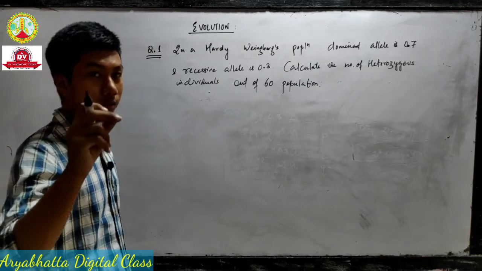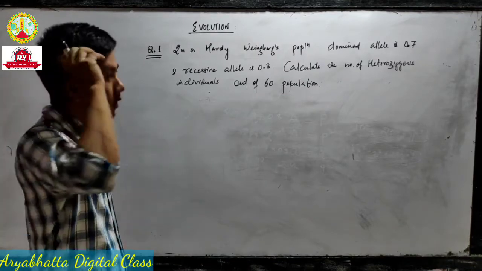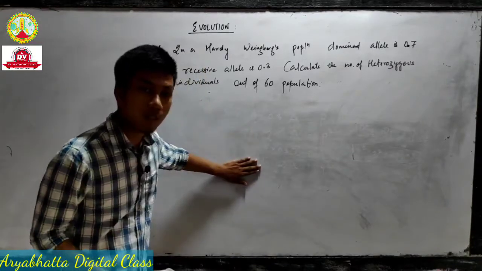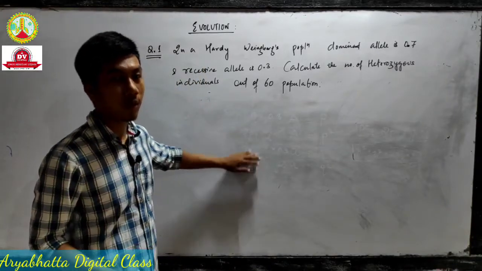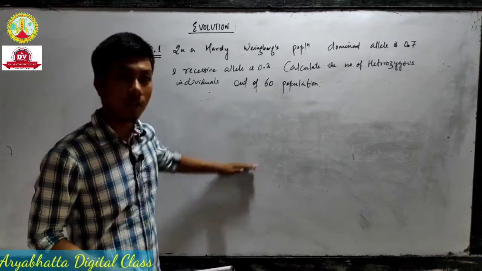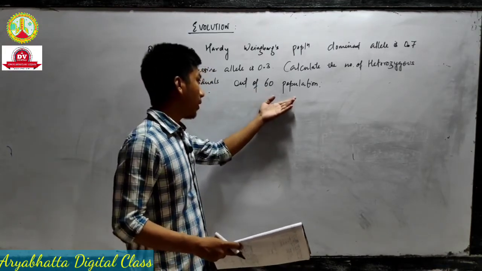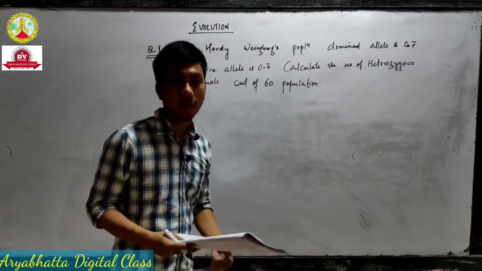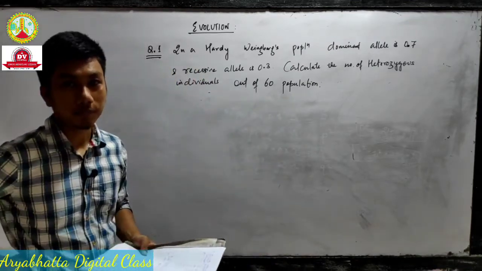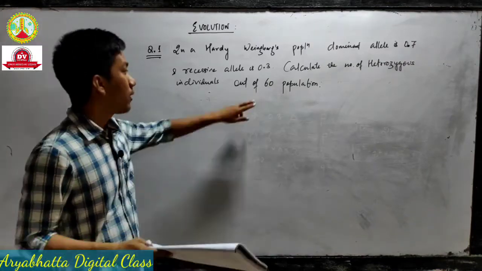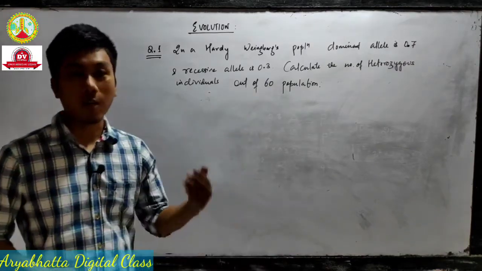The value you get will be the same, only out of 60, so multiply it with 60. A population of 60 means 60 out of 100.